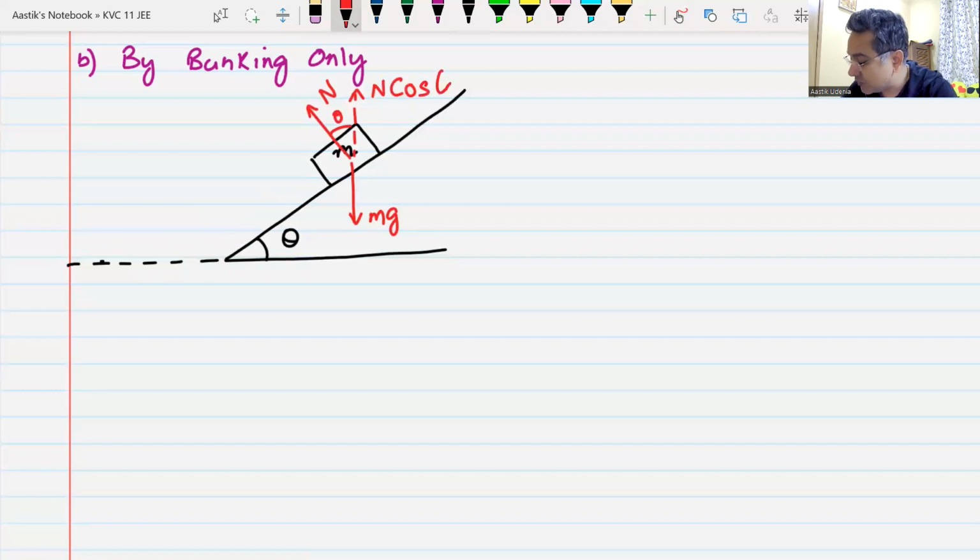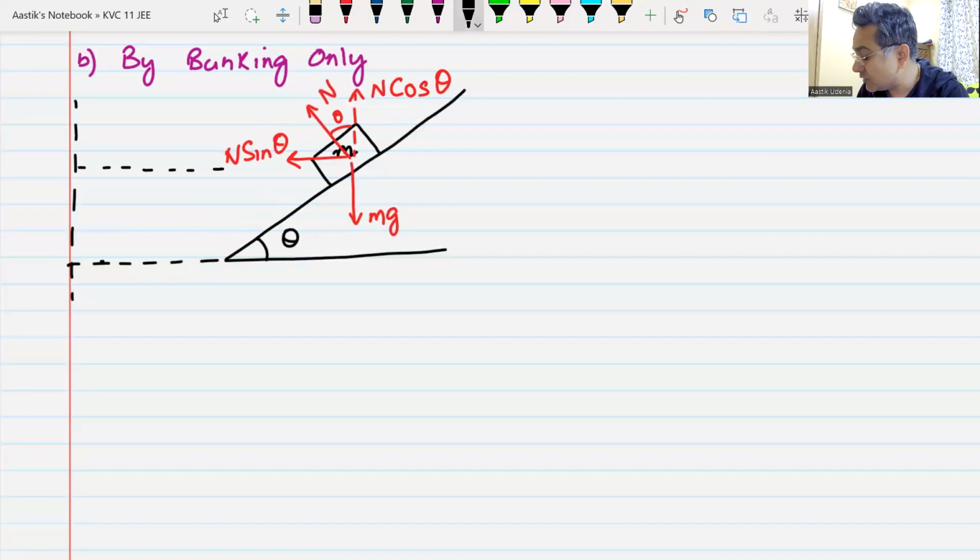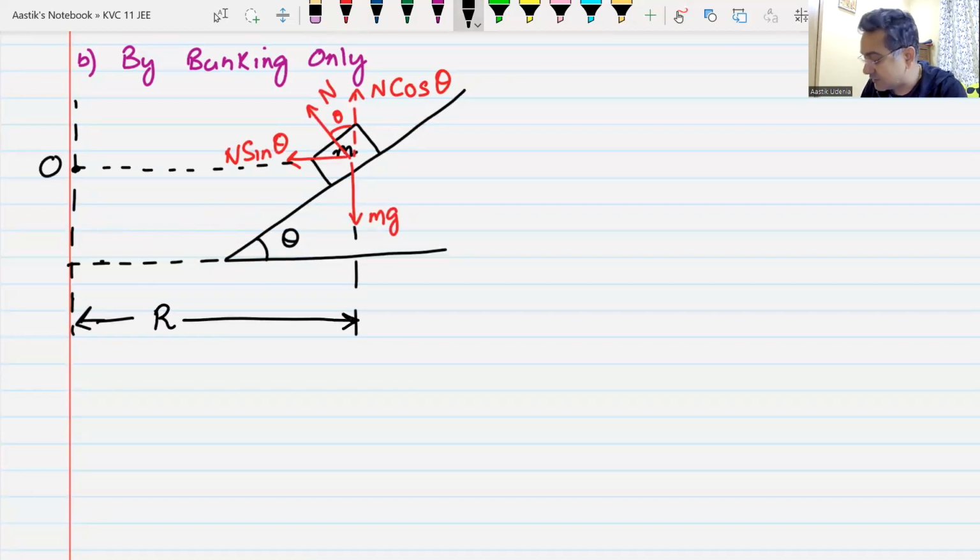So this component will turn out to be N cos theta, and this component will turn out to be N sin theta. Remember this. Now basically this is trying to turn in a circle whose radius is r, the radius of the curved path. Now I can make these three equations.